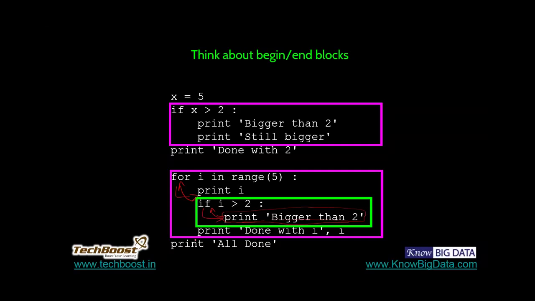Again, this has 4 spaces indentation. And when we want to end this green block, we have to move 4 spaces out. And again, when we want to end the for block, we move a further 4 spaces. Sounds clear? All right.